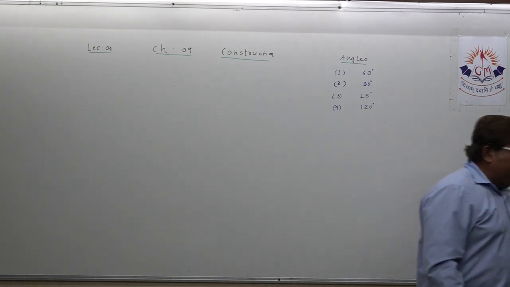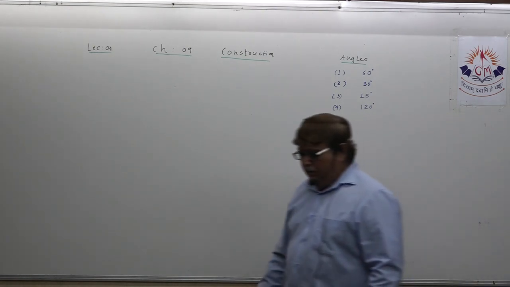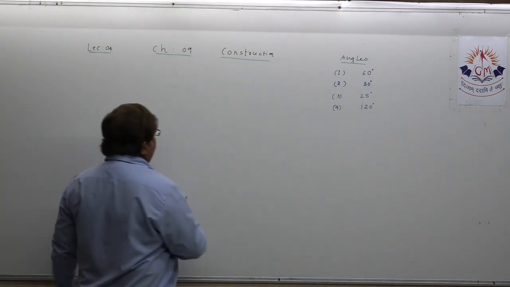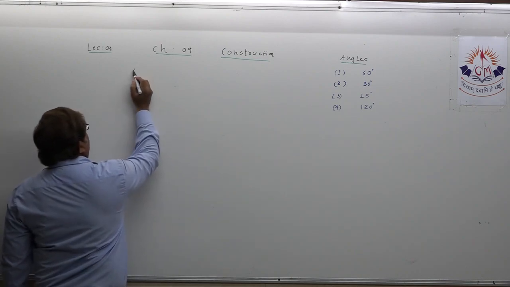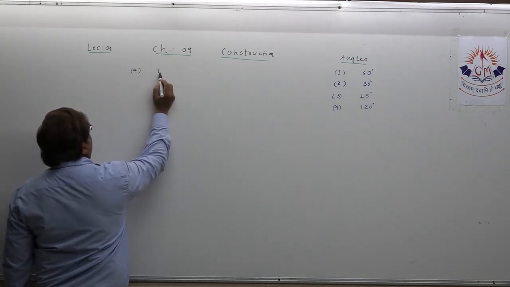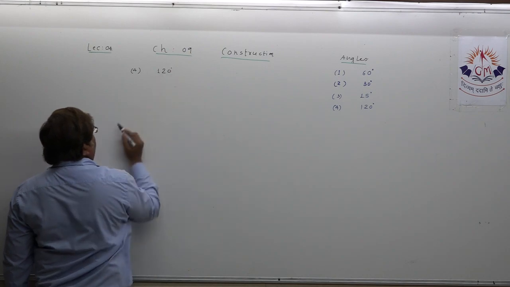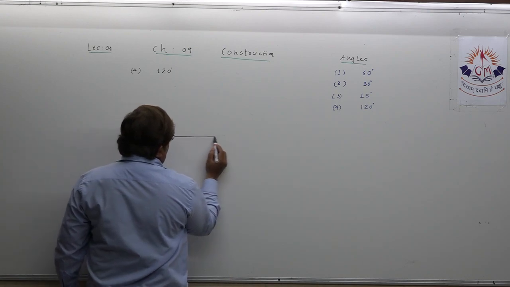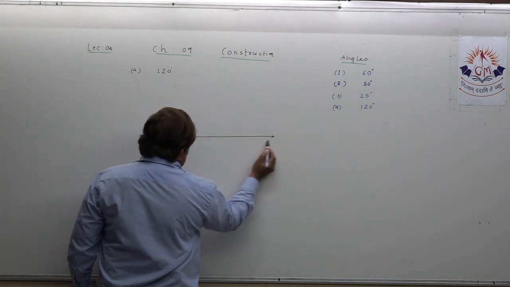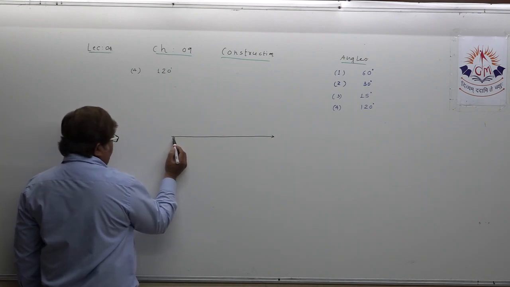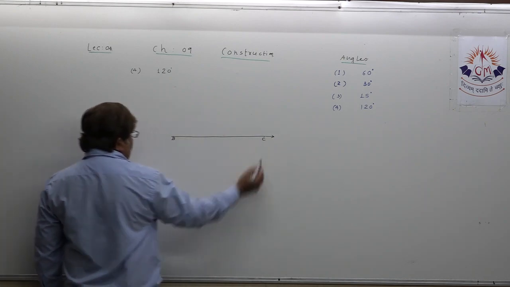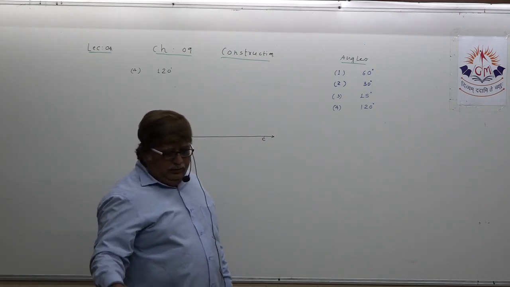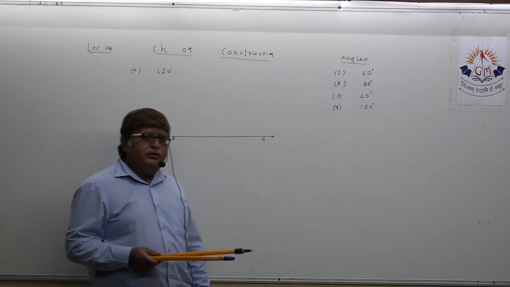First you just try to imagine how the angle of 120 degree can be constructed. So the very first thing, we are constructing an angle of 120 degree. Okay. So first you just have to draw one ray. Let me call it ray BC.